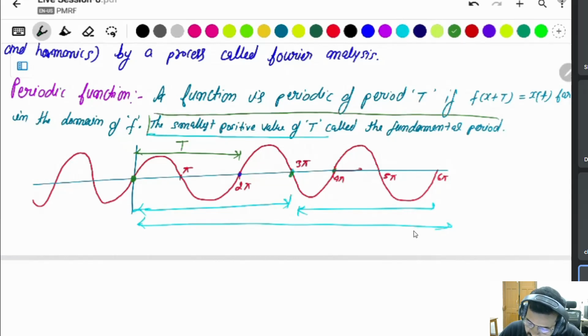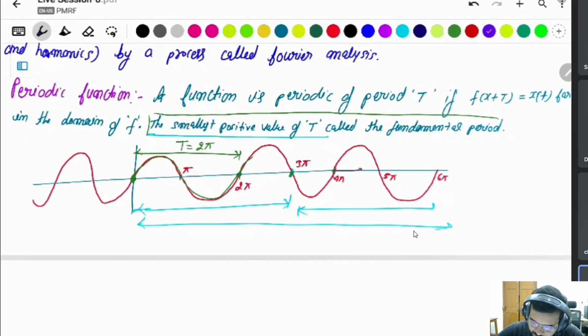It means when is the smallest value after which the signal will repeat. In this case, the smallest value of T is from here to here only. The signal starts repeating from here. That's why this is known as the time period, which is 2 pi.